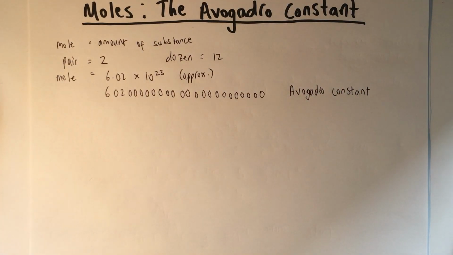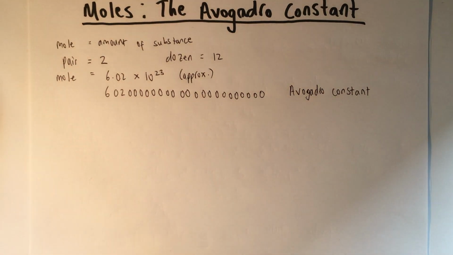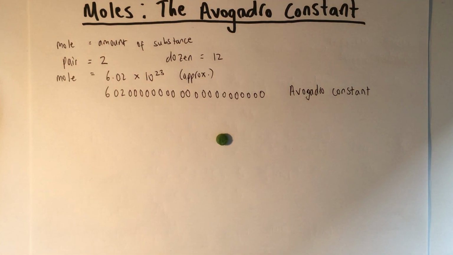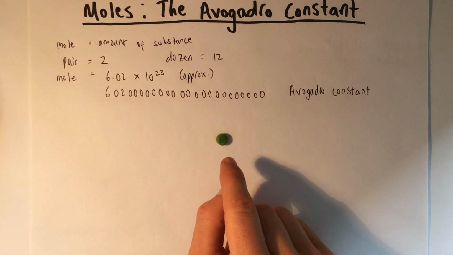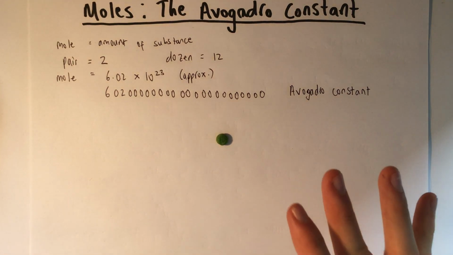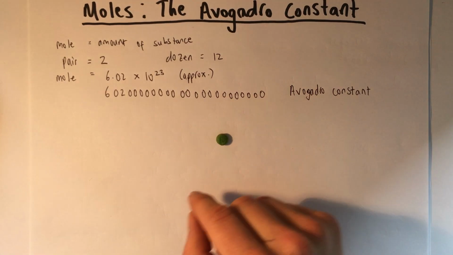To give you an idea of the size of this, because this is far too big a number to actually really get your head around. If we had 1 mole of peas, you know what a pea is? It's a very small little thing. If I had that number of peas, they would cover the entire Earth to a height of 600 meters, which is taller even than the Empire State Building.